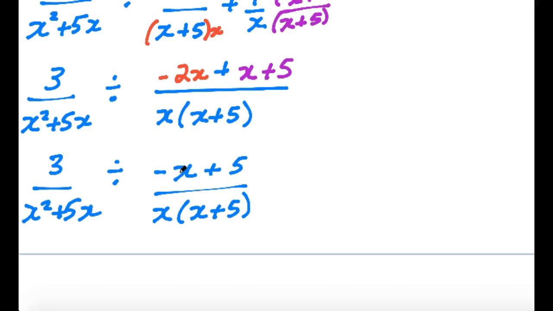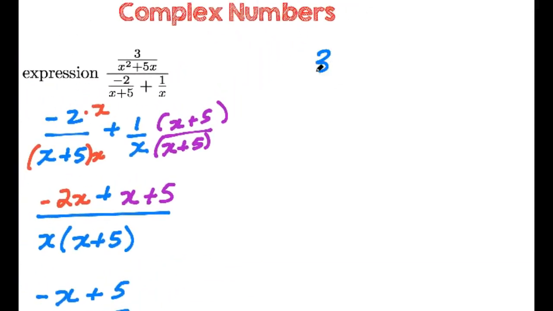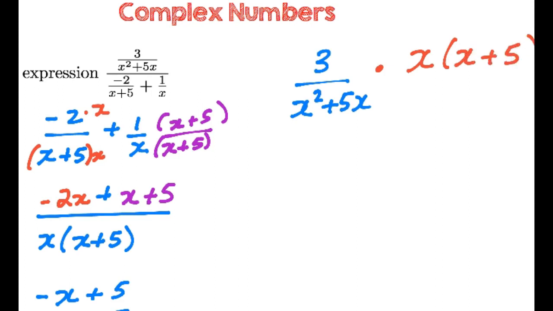Okay, can't cross these out, different signs on the x. So let's go up here and we're going to rewrite this as multiplication. So we're going to take multiplication and flip our fraction, and we get a rational expression, x times x plus 5 over negative x plus 5.